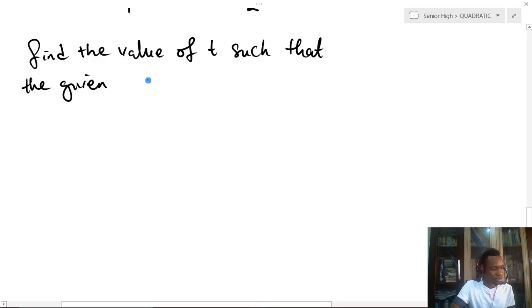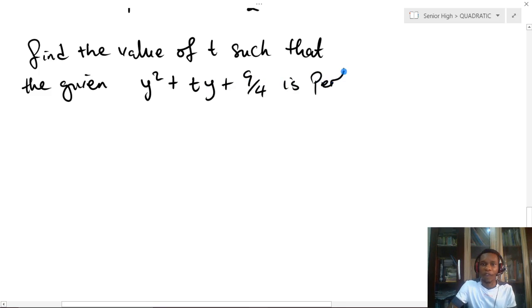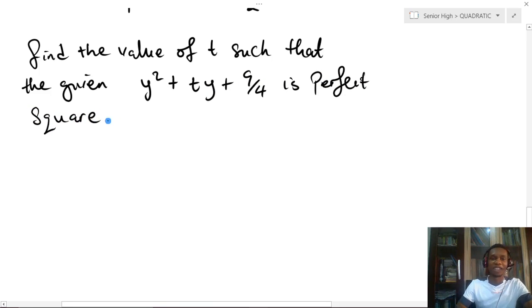what's the given expression? Let's call it y squared plus ty. Now this is the one we're looking for, t plus 9 over 4, is a perfect square. So find the t that will make this a perfect square. Please forgive my writing. I believe my talking is making the writing make sense.